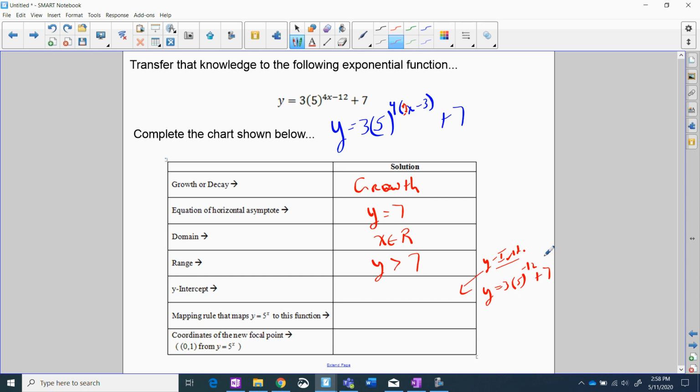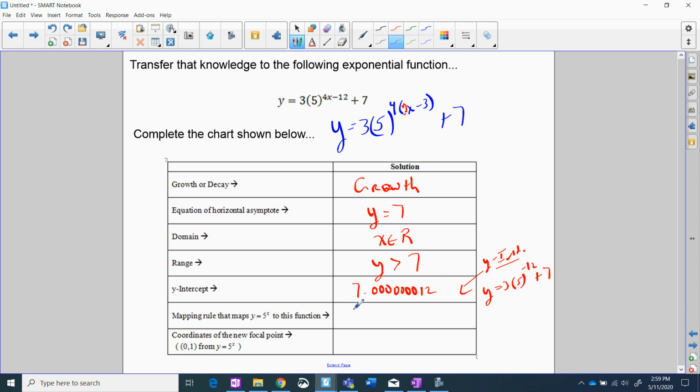So let's see what happens here. 3 times 5 to the exponent negative 12. And then if I add 7 to that, I get 7 with a whole bunch of zeros. So my y-intercept is 7.00, 1, 2, 3, 4, 5, 6, 7 zeros, and then I got 1, 2 at the end. There's your y-intercept. That's where it's crossing the y-axis.